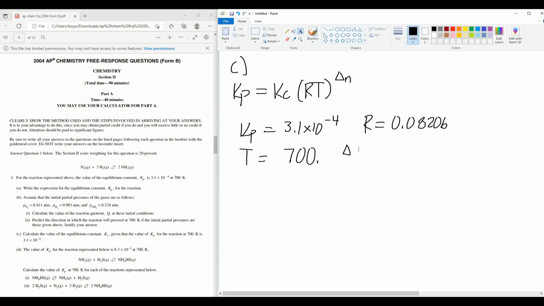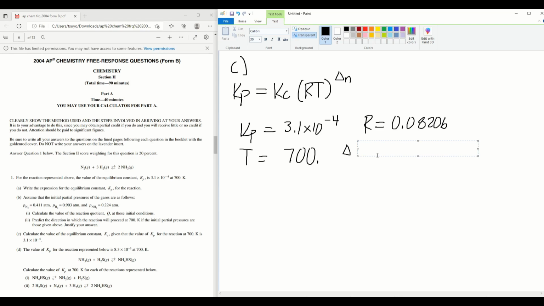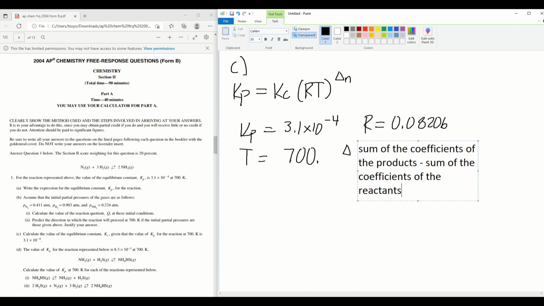So delta N is the sum of the coefficients of the products minus the sum of the coefficients of the reactants.